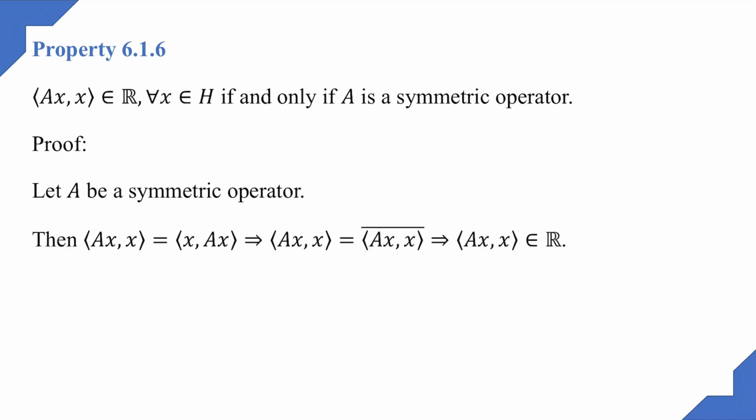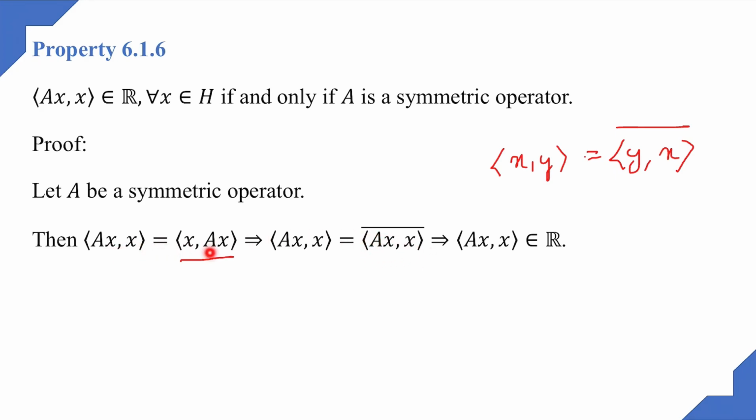If A is a symmetric operator, then we know that inner product AXX is the same as inner product XAX. Then by the property of inner product, we know that inner product xy is the same as inner product yx conjugate. So we can write this inner product xax as inner product axx conjugate.